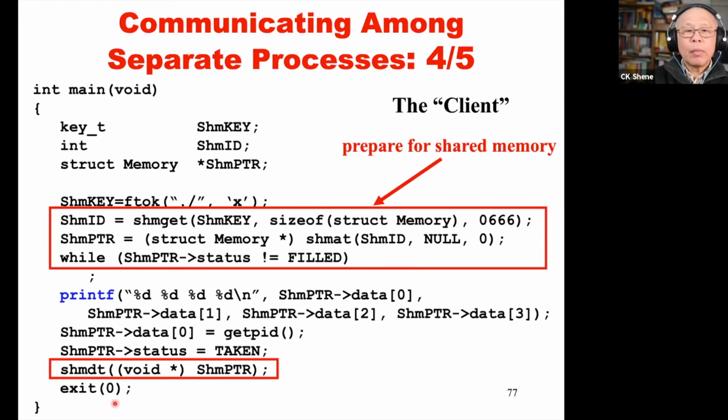Then the client waits for the status of that shared memory to become filled. Then prints the information out, saves the client's PID back to data 0. Finally, it changes the status to taken. After that, the shared memory is detached, and this client ends.